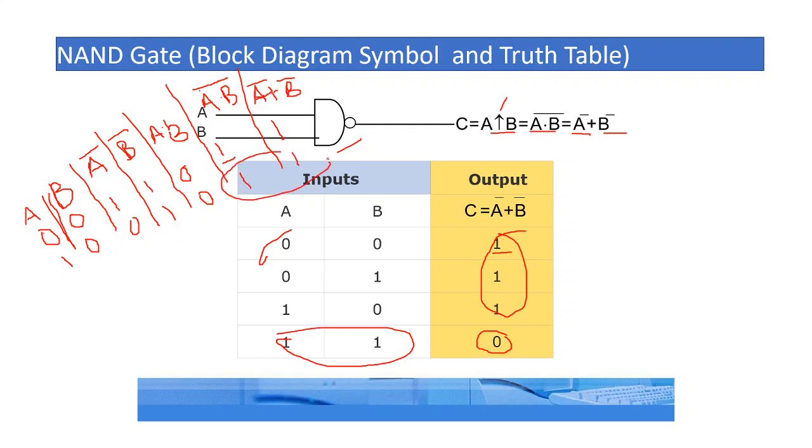So they are logically equivalent. Similarly, you can verify it for other inputs, that is A equal to 0 and B equal to 1, and if both A and B are equal to 1, then what will be the output?